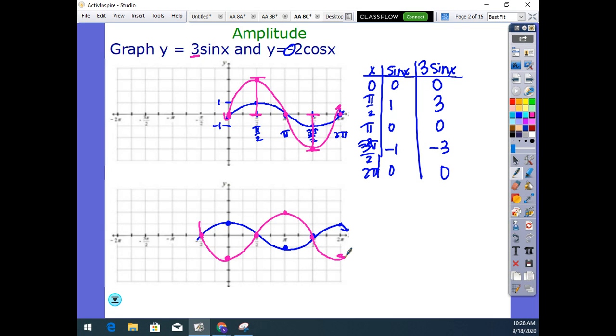So it stretches it and reflects it, but be very careful because recall, amplitude is a distance, so we still state the amplitude is positive 2. So if we have y equals a cosine, whatever this value a is, the amplitude is the absolute value.